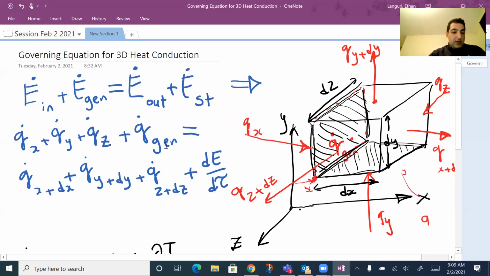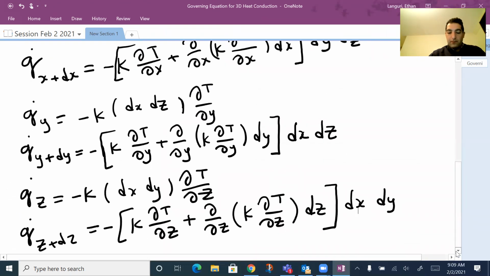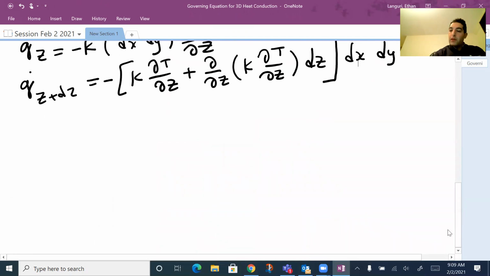Now in this section, let's talk about q dot generated, the internal energy generated within the finite volume we have. We can usually show it as a volumetric heat generation rate, which is q dot times the volume. What is the volume of our finite volume?